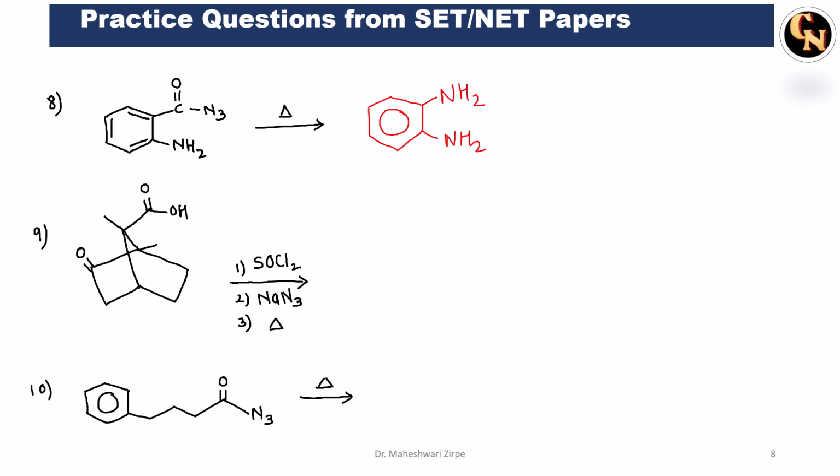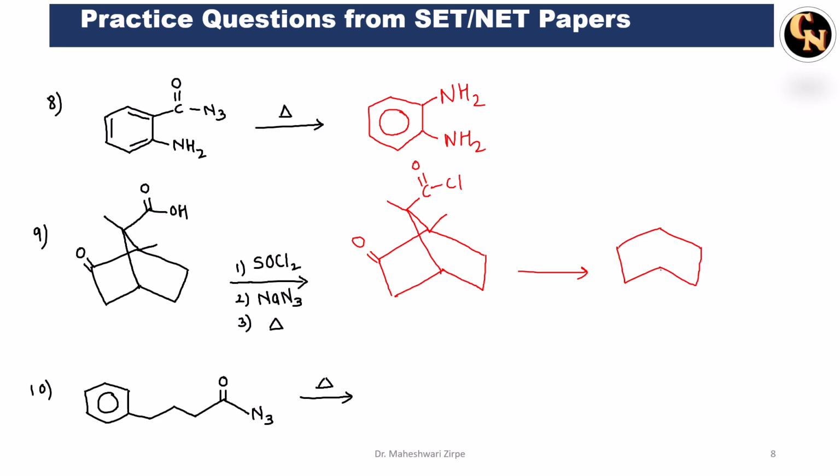Next one, even though the reactions seem to be complicated, you can just go through the reagents which are written on the arrow. The first step will be C double bond O Cl, and the next step will be formation of acyl azide, and directly you can write the product.